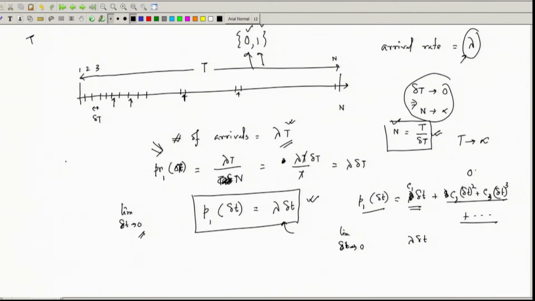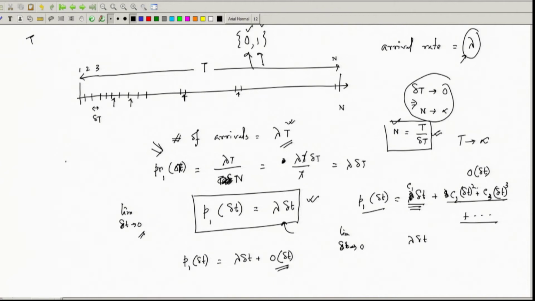If I define this to be a polynomial O delta t, then I can write this P1 delta t to be lambda into delta t plus some higher order polynomial of delta t, and what is the definition of that? That this O delta t means this portion goes to 0 when delta t goes to 0.